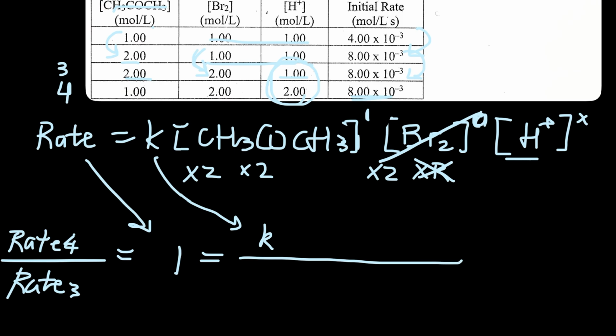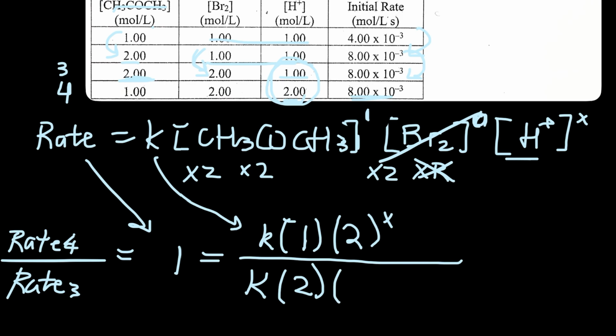The concentration is 1 for this one, and it's to the power of 1. And then for hydrogen plus, the concentration is 2, and we don't know the reaction order. Now for experiment 3, we also have K.